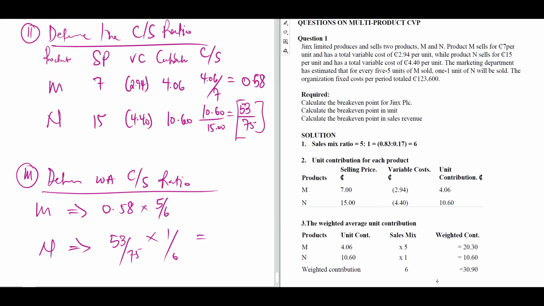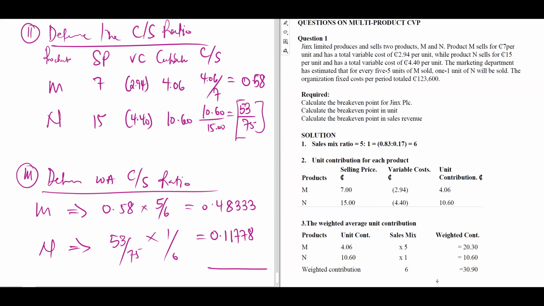I want to maintain the fraction because it gives me an improper fraction. 0.58 times 5 over 6 gives me 0.4833, and 53 over 75 times 1 over 6 gives 0.1178.